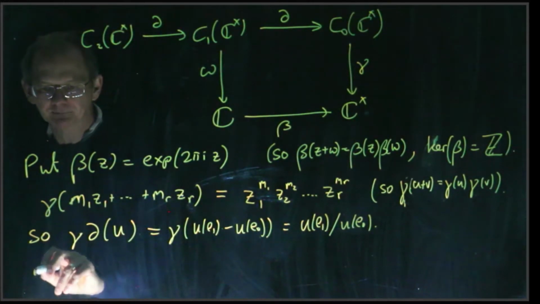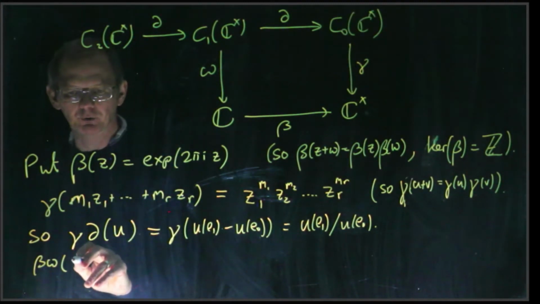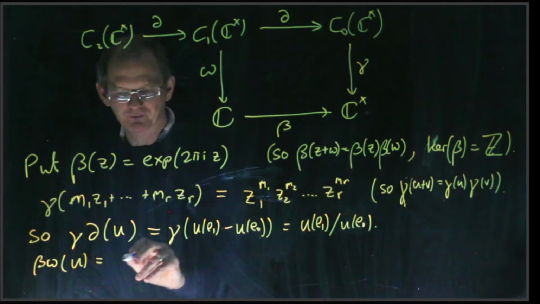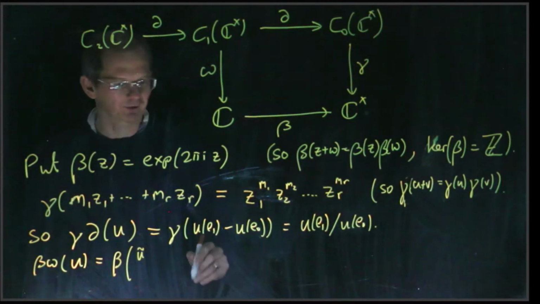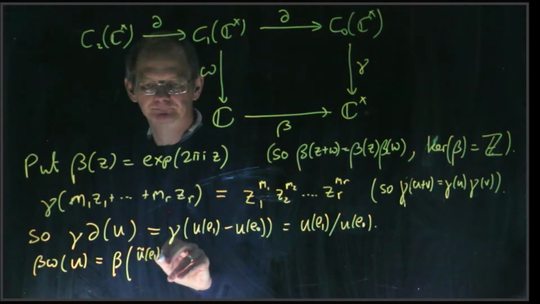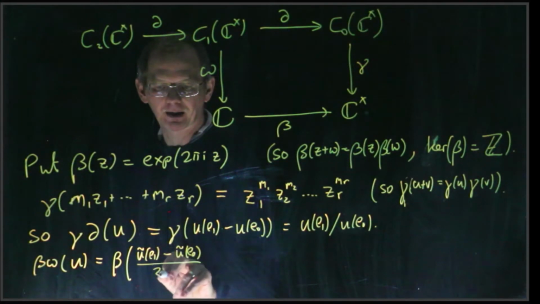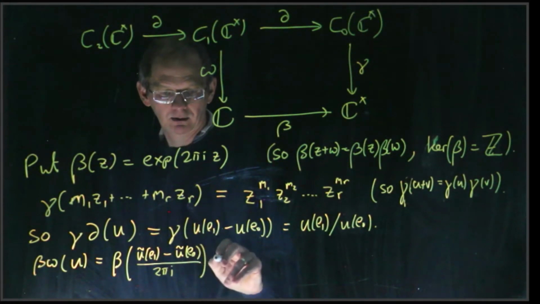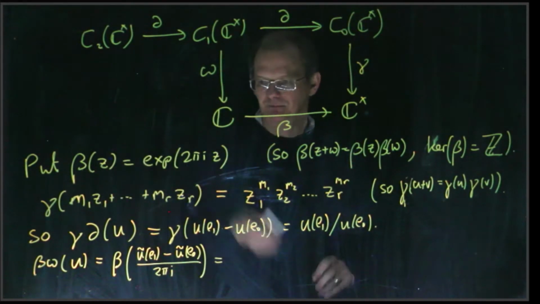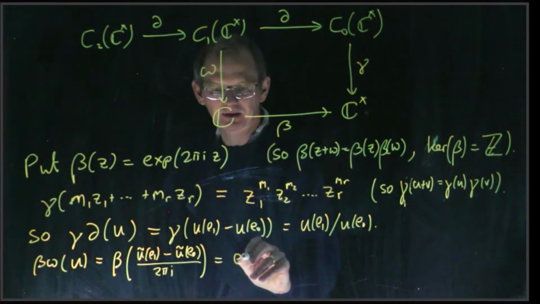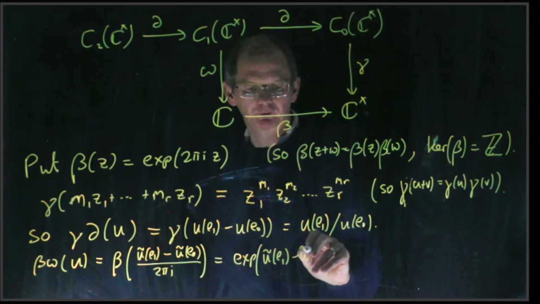Whereas beta omega of a path u. Okay, so remember that's the definition of omega. Here we're supposed to take a continuous logarithm. We take u tilde of e1 minus u tilde of e0 divided by 2 pi i. But then we had to put the 2 pi i back in the definition of beta. So this is the exponential of u tilde e1 minus u tilde e0.